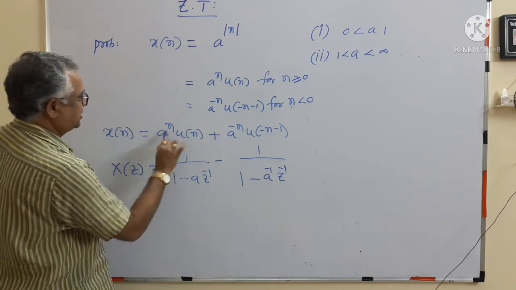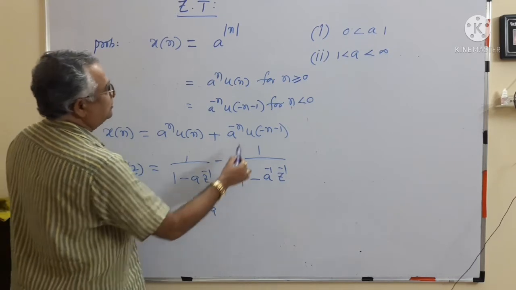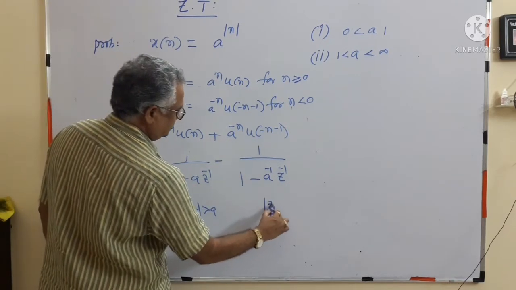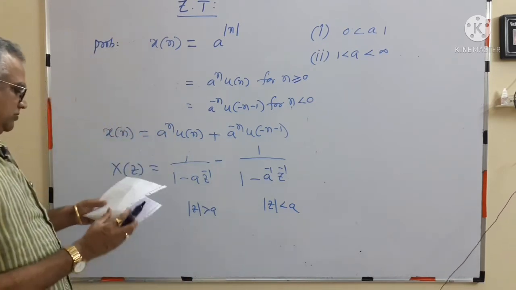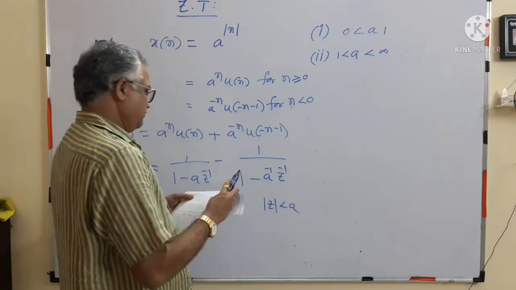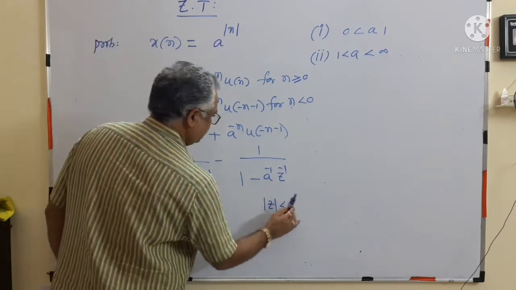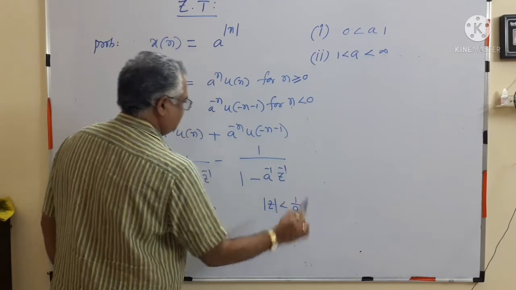In this case the right side has mod z greater than a, while the left side has mod z less than a. So the final answer is less than 1 by a, less than a inverse means 1 by a.